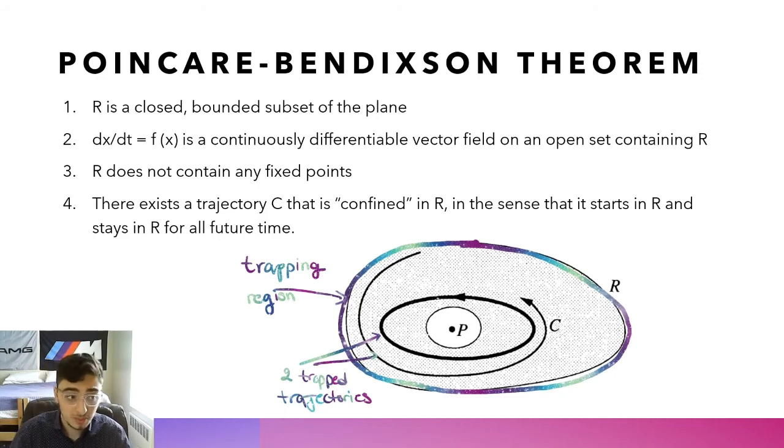Within this closed region, it is easier to analyze the trajectories, and that's why we create these closed regions. We also cannot have fixed points within the region as shown by P, but there is a small loophole to that, which is also shown by P, by having a small hole, and we will discuss that in a later slide.